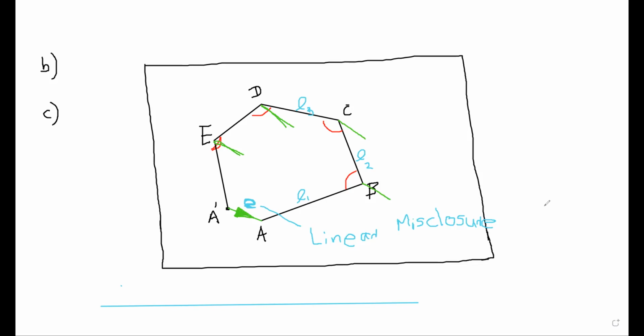To say that it is not closing, to say the bad side, we use the preposition miss. In your groups also, there would be some miscloses. When we start our field work, you may find them, right?